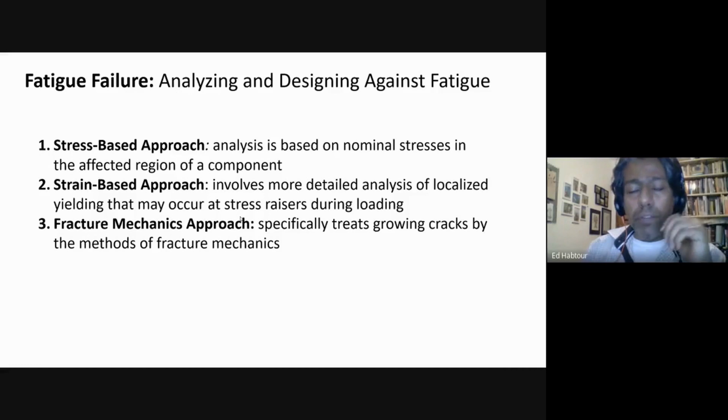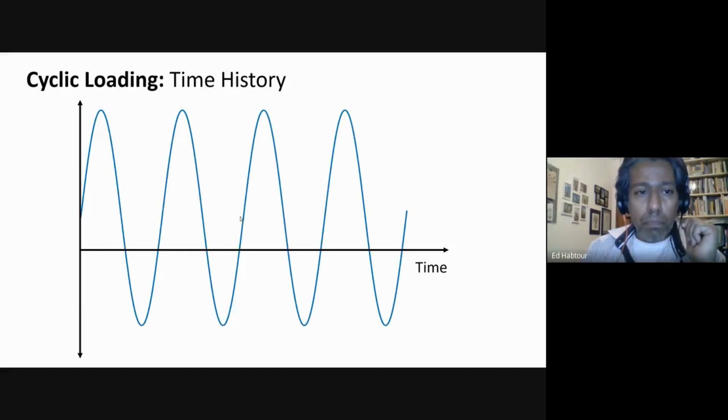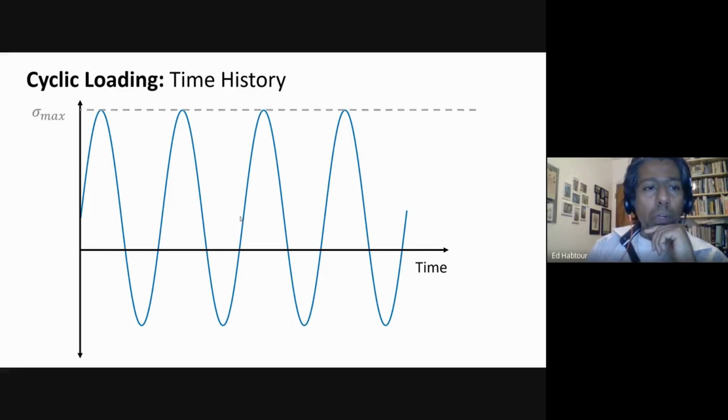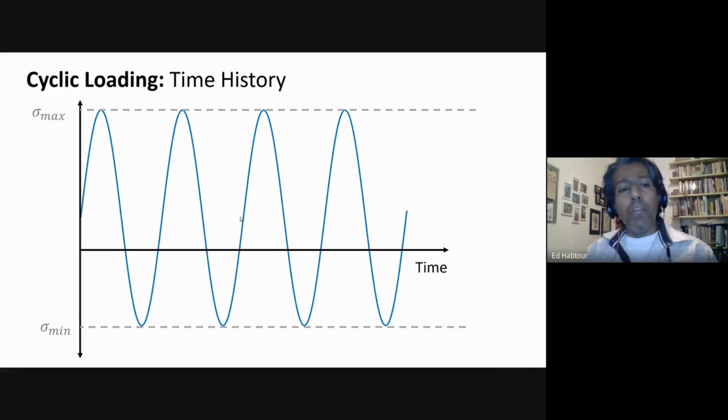So if you think of a cyclical load, maybe we can think of a sine load or loading condition. This is the time history. And when you look at the magnitude, we want to know the maximum, we want to know the minimum. In this particular one, this is a constant amplitude loading.